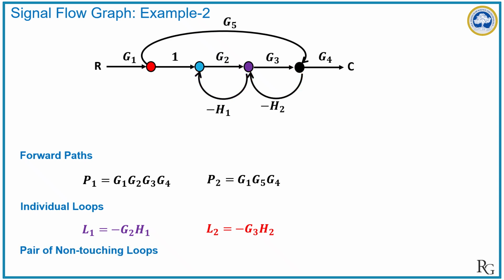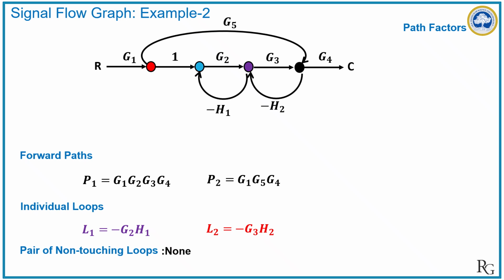Then we will check for pairs of non-touching loops. Clearly from the diagram, loop 1 and loop 2 both touch each other, so there is no pair of non-touching loops. Then we will find the path factors. First, we consider path P1 and find delta 1.